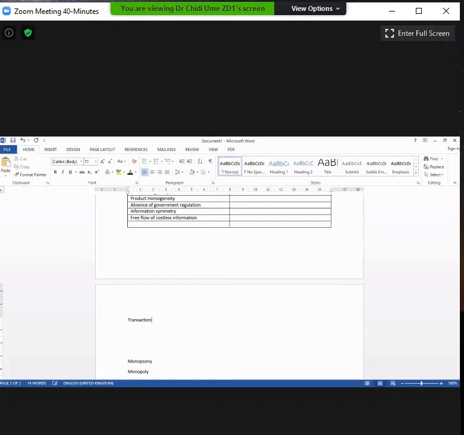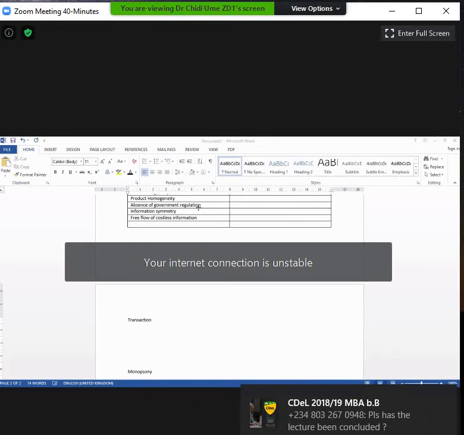What kind of transaction takes place can become a basis for market classification. Is it a spot market, a forward market, or a futures market?